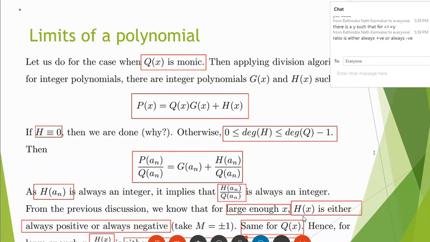There is no fluctuation. That is, say for x equal to y plus 1 it is positive, and for y plus 2 it is negative. That won't happen. There is a y after which the graph is totally above the real line or below the real line. So follow the last argument.